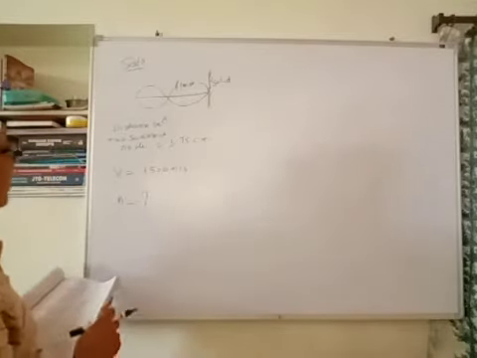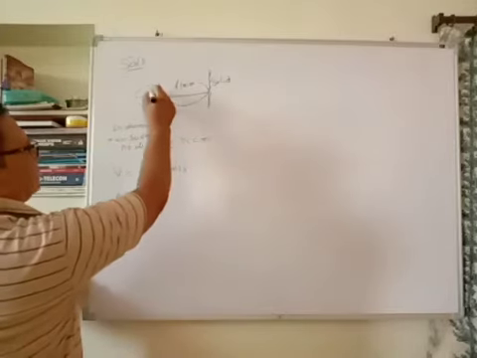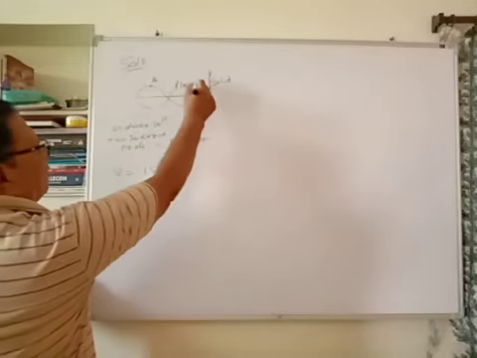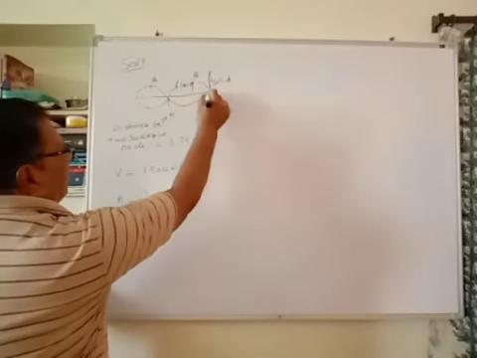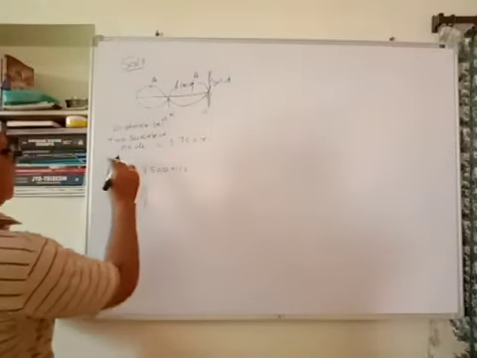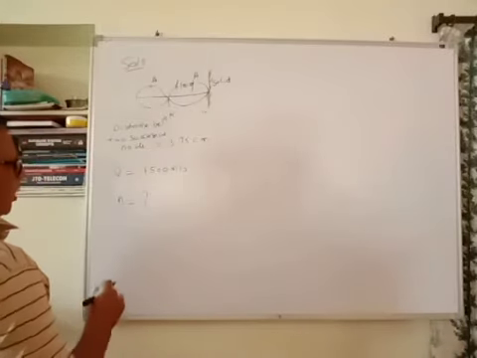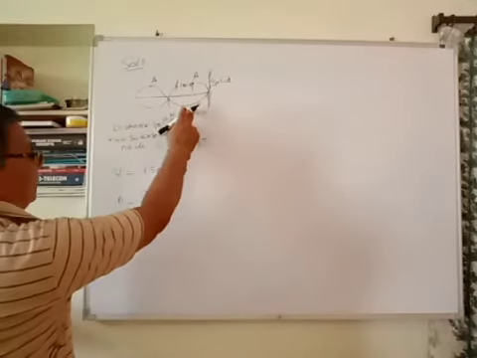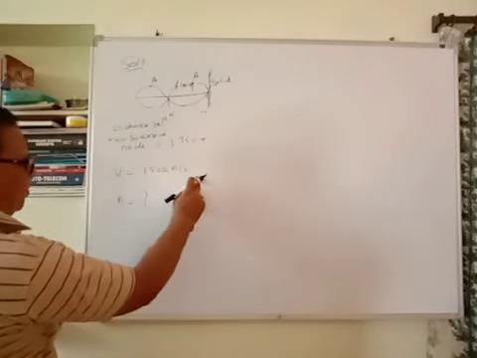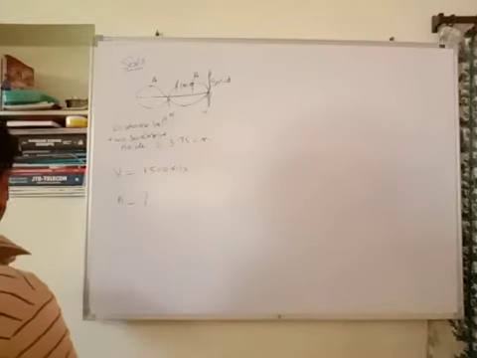He states that the distance between two successive nodes, say this is an antinode point and these are node points, is 3.75 centimeter. The velocity of the wave flowing through the fluid is 1500 meter per second. You have to determine n, the frequency.